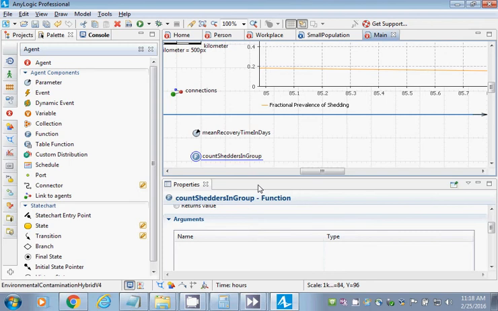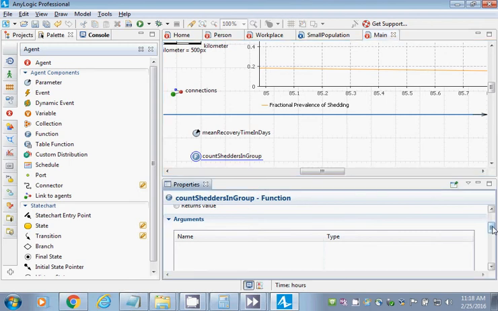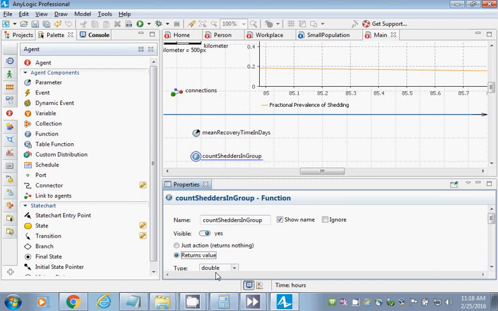It's going to return an integer, and it's going to need some information to do its job. To count the number of shedders in a certain group, what do you think it's going to need?